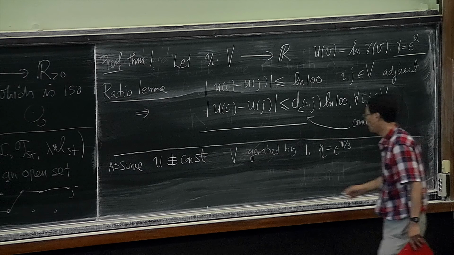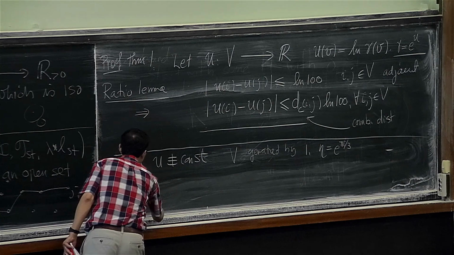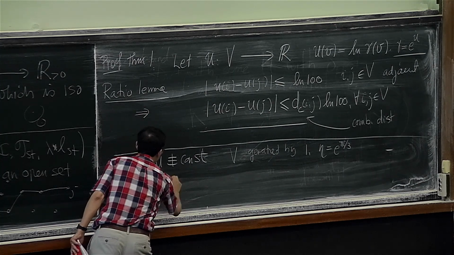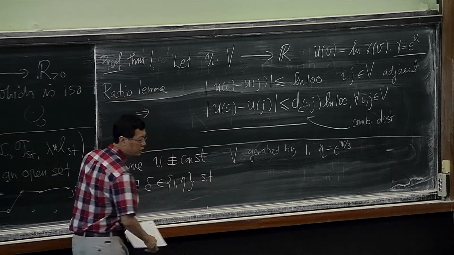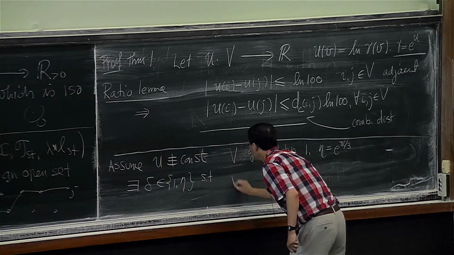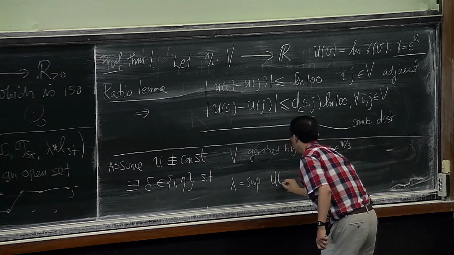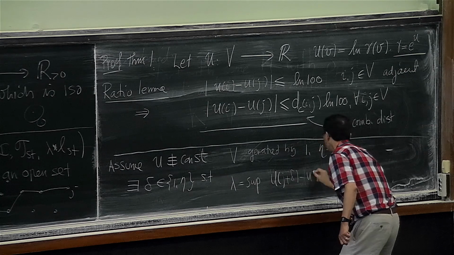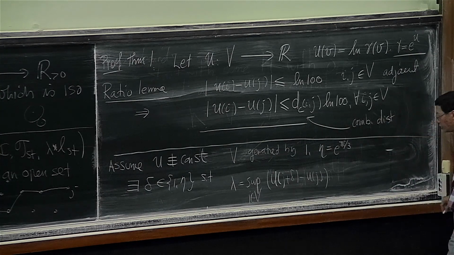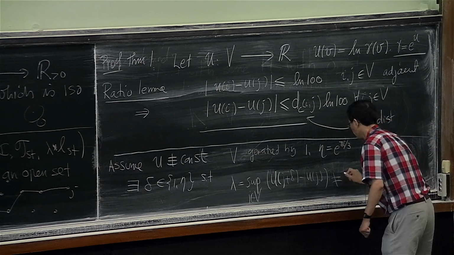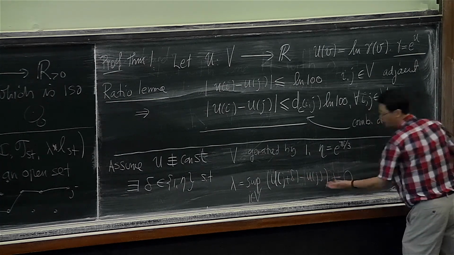And so it's a non-constant function, so I can say there is a delta which is equal to either one of the generators, 1 or eta, such that the difference u of j plus delta minus u of j, for j running over the vertices, is not equal to 0. Okay, so in one of the directions you move, it's non-constant, and so in one of these it is not 0.